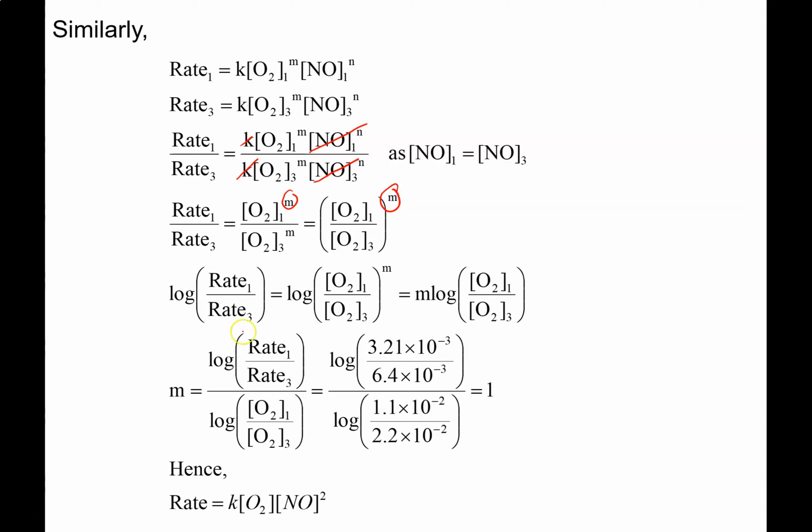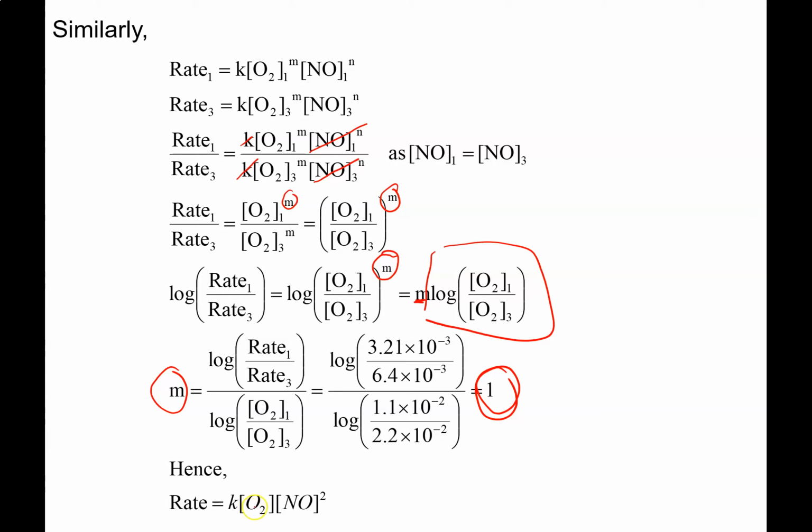And then I take logs of both sides. I apply my log rule at this point. So that means I can bring the m out to the front there. And then I'm going to just solve by dividing both sides by this term. So I can solve for m. And when I do that, m turns out to be 1.